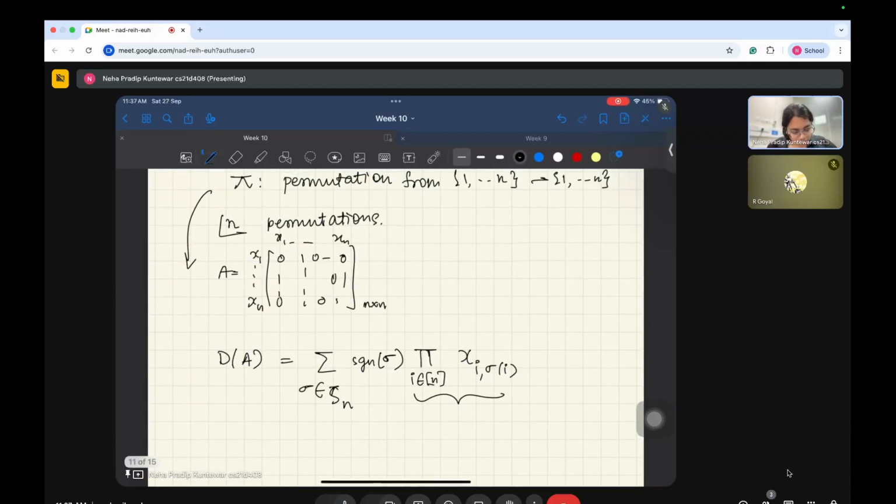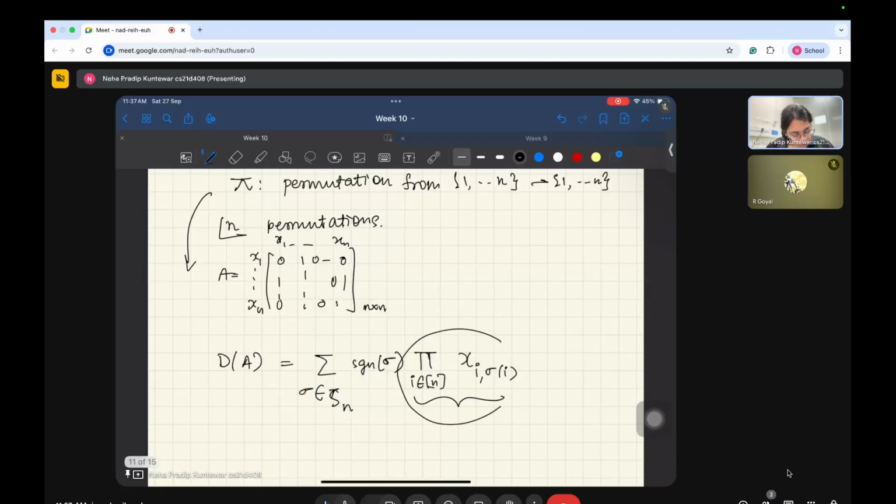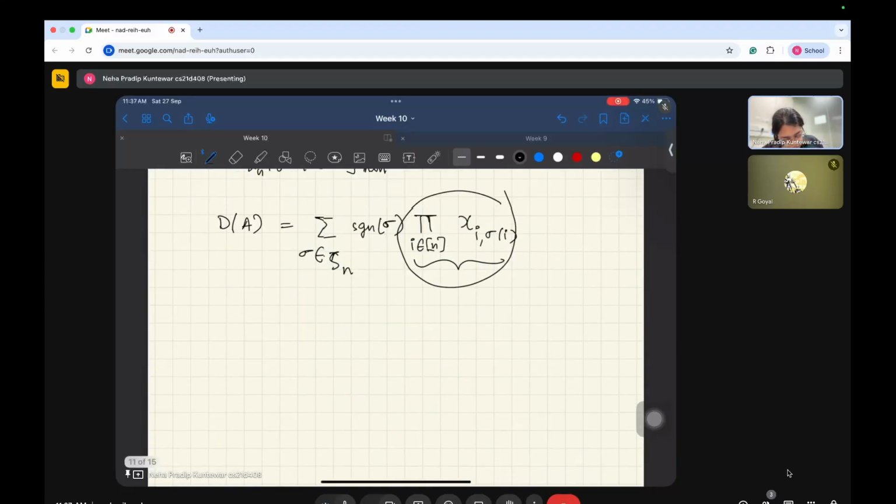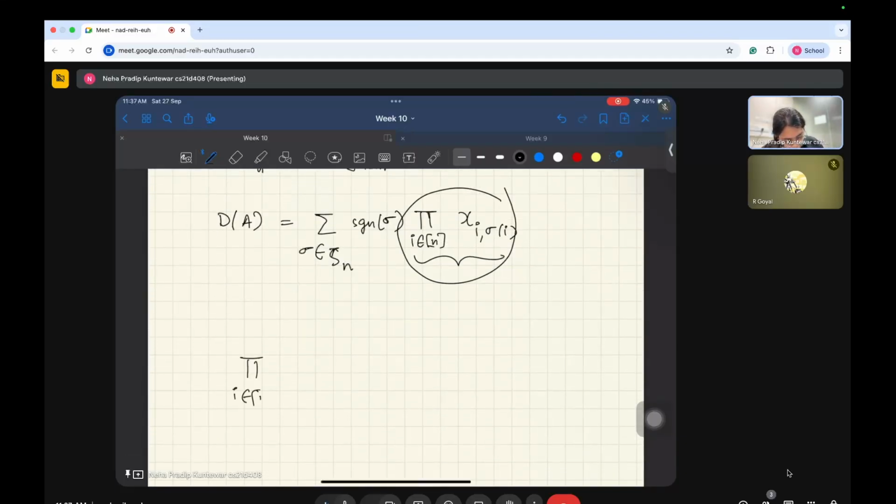What does this part denote? What is the product over i of x_{i, sigma(i)}? Notice that Sn is the set of all possible permutations. We said there are n factorial many permutations. Sigma is one such permutation.